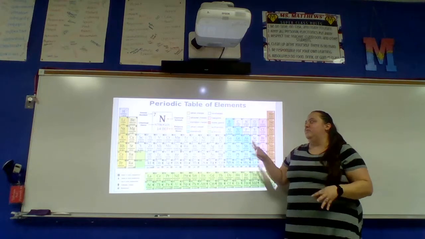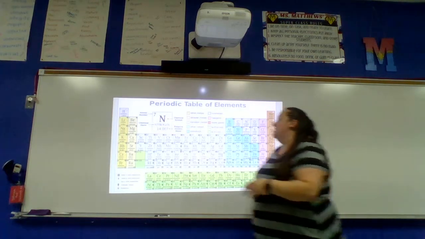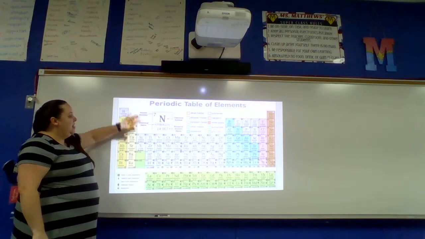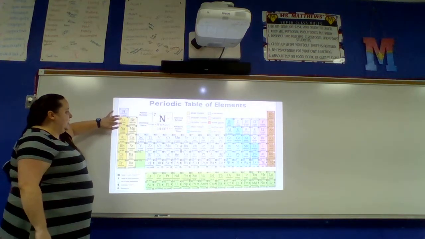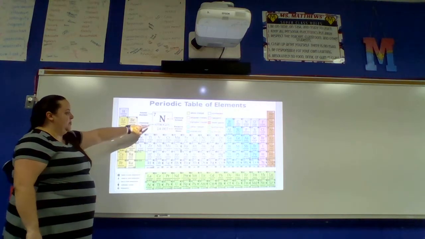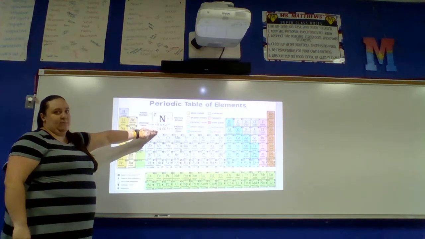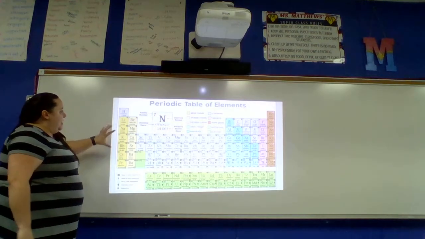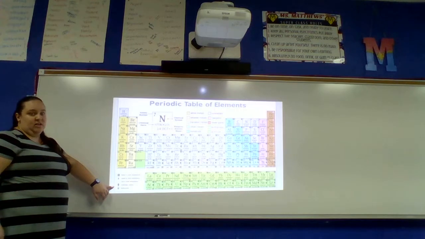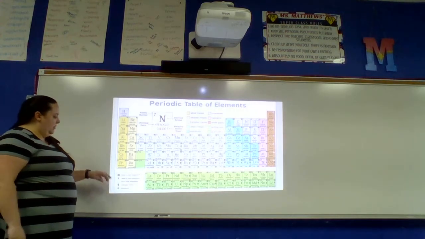And here we have the periodic table. Notice how each of these boxes contains one element. Each of these elements has an atomic number, a chemical symbol, a chemical name, and a relative atomic mass. In this periodic table, we have the states in which these elements are found in nature.